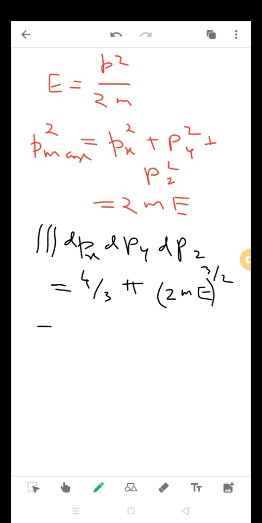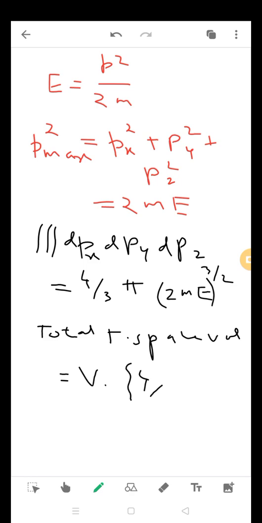So the total volume, we started with the total volume of gamma space, is equal to V multiplied by this term, 4/3 pi (2mE) to the power 3/2.